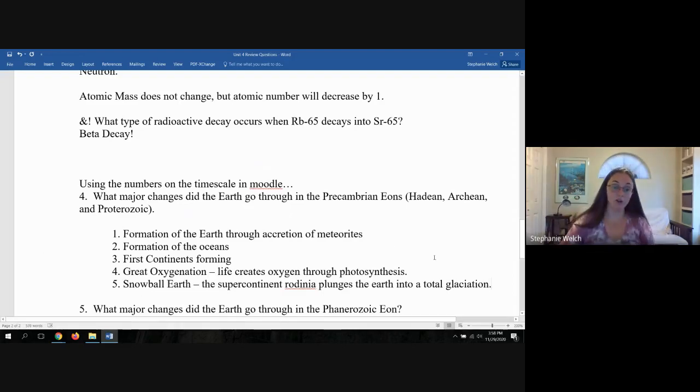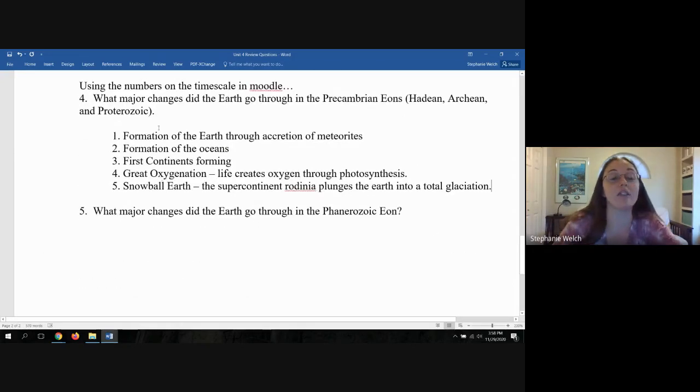The reason we call it a snowball Earth is because it's thought that either nearly or the entire surface of the Earth was covered with ice for some period of time, potentially up to 100 million years. So that was a huge setback in the evolution of life. It would certainly be a huge setback in my life, potentially, if the entire Earth was covered in ice. It's the same for any macroscopic life form.